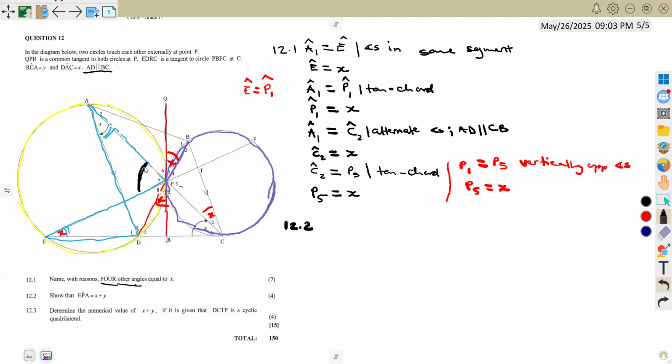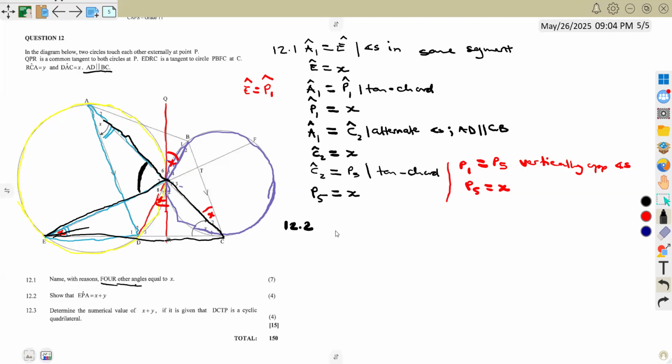In other words, we have this triangle here, and when we produce that side, this becomes an exterior angle.